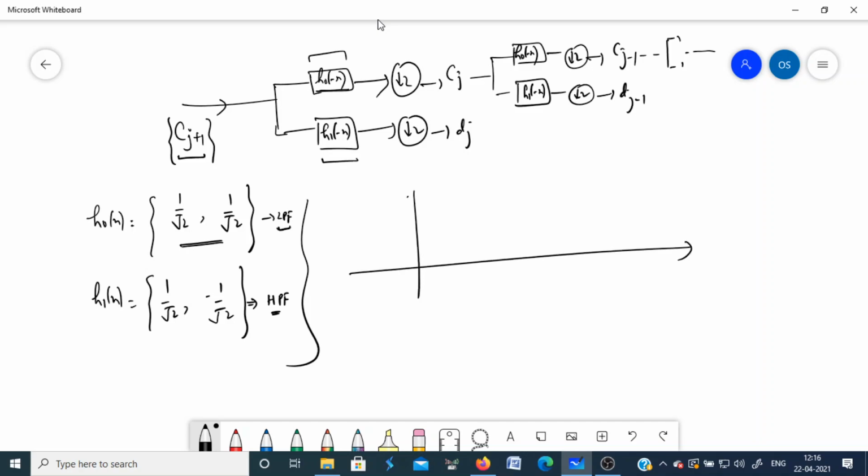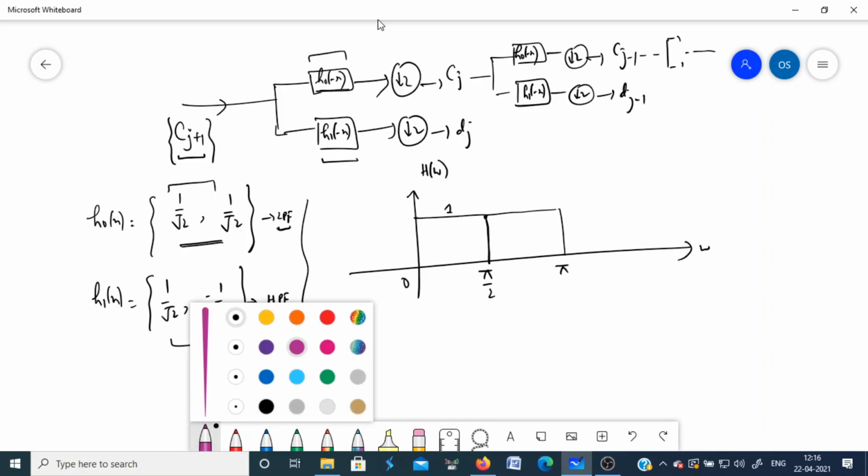So in terms of frequency response, these two filters have a response like this. If you say it is an ideal filter, it spans 0 to pi by 2 and pi. From 0 to pi by 2 its gain is 1, this is the frequency response of this, and from pi by 2 to pi it is 1 for the other, and 0 from 0 to pi by 2. But practically it will not be like this.